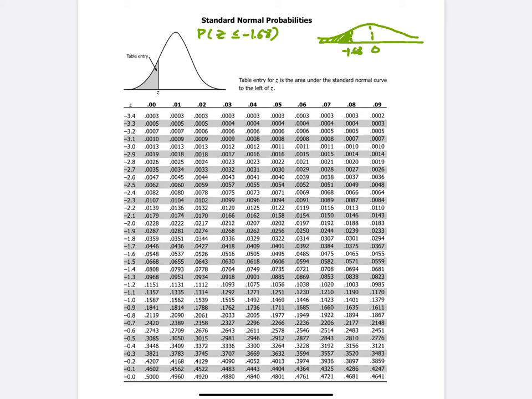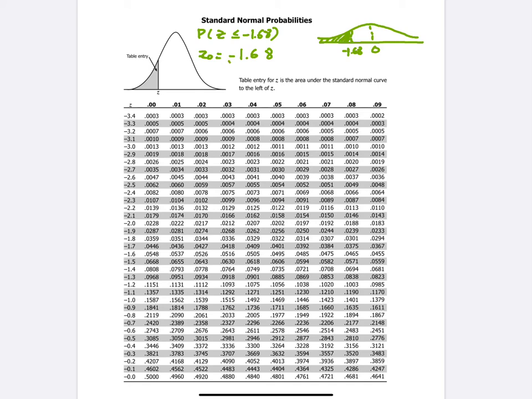Now here's how you use the table. First off, z sub 0 is negative 1.68. Let's first split this number into two parts. The first part contains the whole number portion and the first digit after the decimal point.